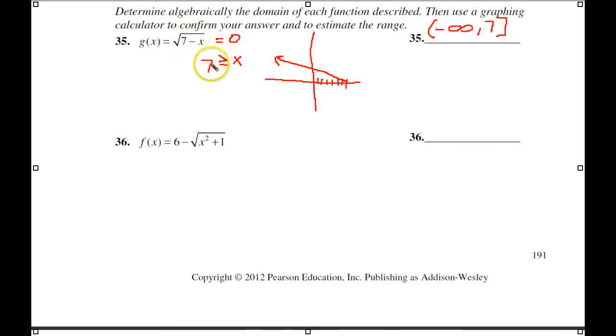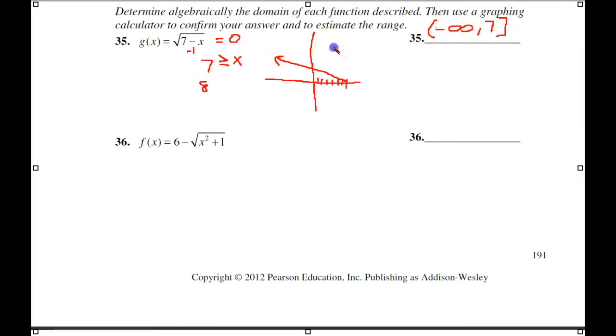But if x is greater than 7, suppose x were an 8, then 7 minus 8 would give this a negative 1 under the radical sign. Those numbers do not exist. So that's our value. Again, similar to the previous one, it will come up from negative infinity up to 7, and 7 is included in the set.